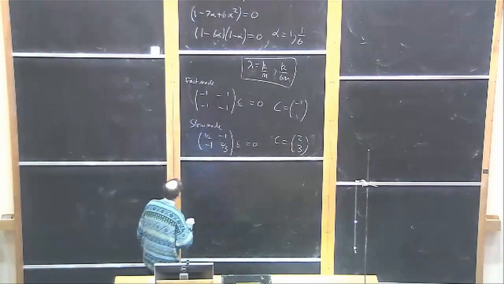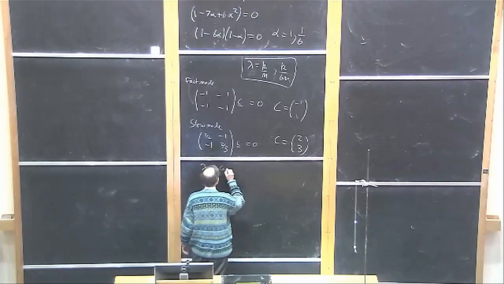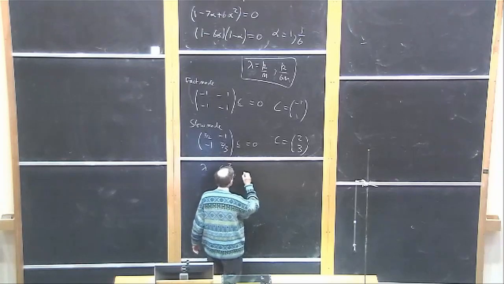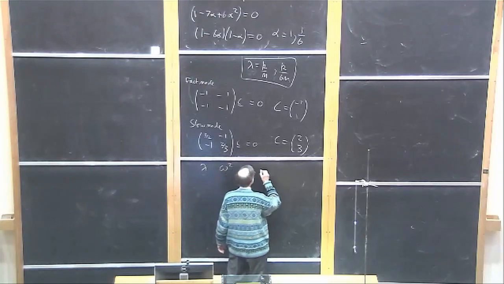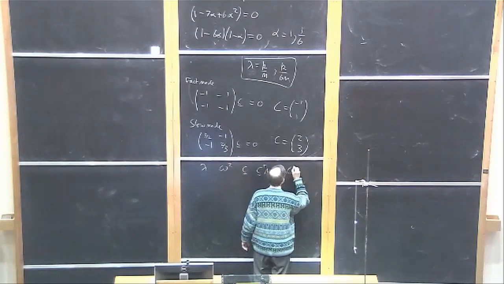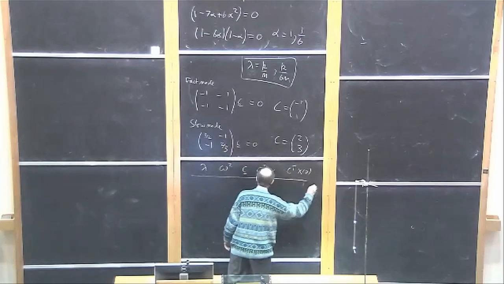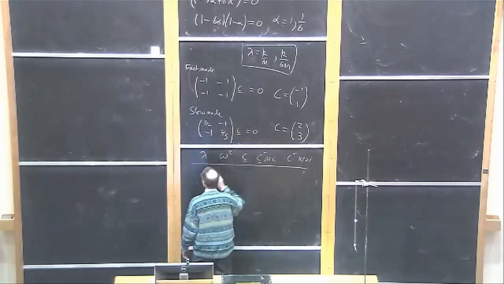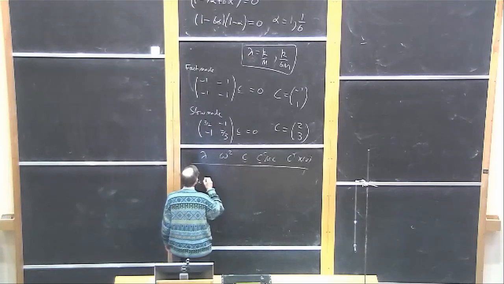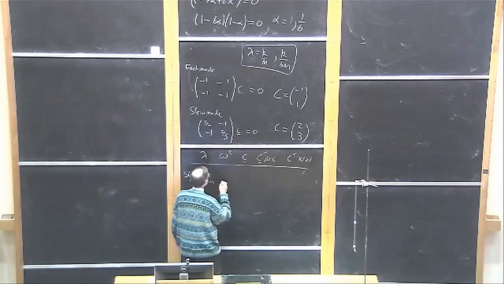So if you put all that together, we've got lambda, omega squared, C transpose M C, C transpose x of 0. For the slow mode, we have k over 6m.